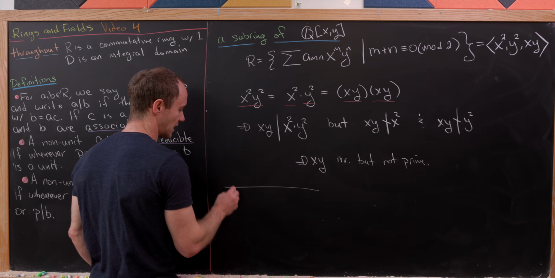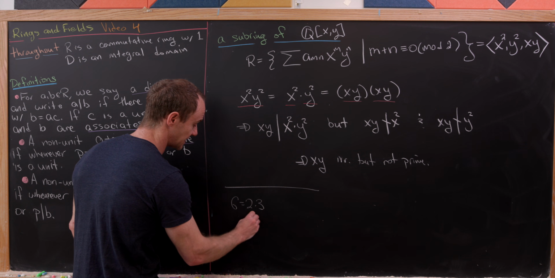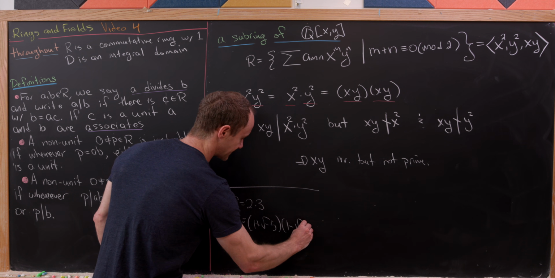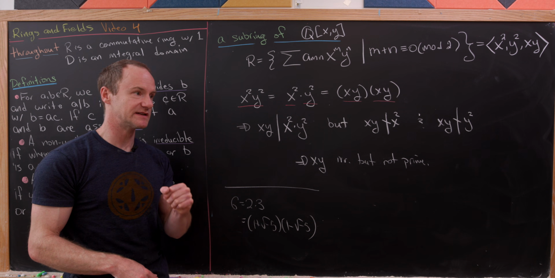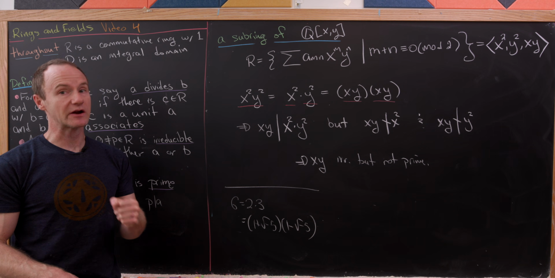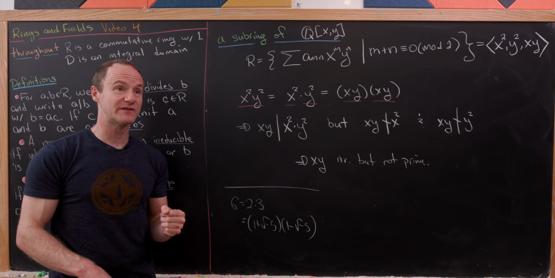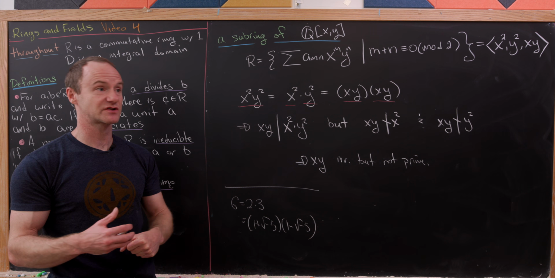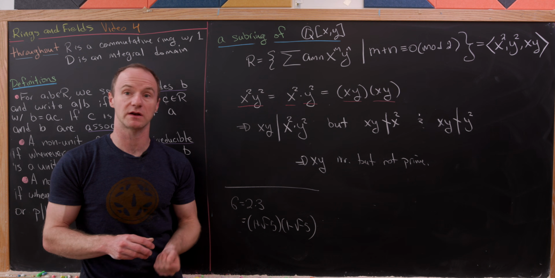We also saw it with, and this is coming from a previous example, 6 equals 2 times 3 and 1 plus root minus 5 times 1 minus root minus 5. So what we want to highlight here is in some integral domains, we have a factorization into irreducibles that is not unique. So now what I'd like to do is make a definition for a type of integral domain where the factorization is unique. And then we'll study that type of integral domain a bit.